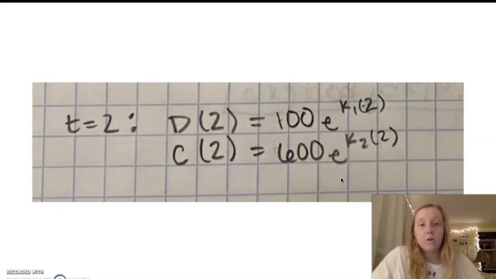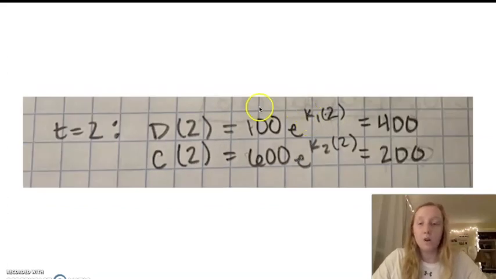So, now in order to solve this problem, we're going to look at time equals 2. So, we're going to plug in 2 for t. d of 2 equals 100 times e to the k1 times 2. So we're just changing this. This used to be a t, we're just changing it to 2. And we're doing the same thing here. c of 2 equals 600 e to the k2 times 2.